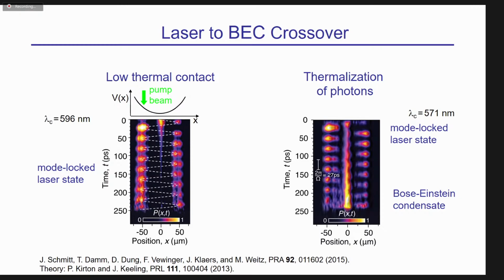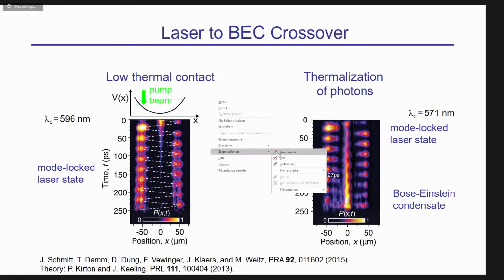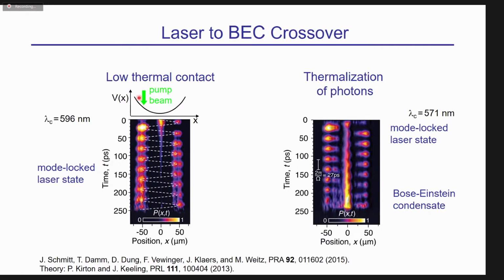As a function of time, the wave packet was really oscillating back and forth in this potential. One doesn't see that very well here, because this thing has a threshold somehow, but the wave packets were oscillating back and forth in the potential, whereas if you have thermalization of photons, then it really goes down to the center of the trapping potential imprinted by the mirror curvature.